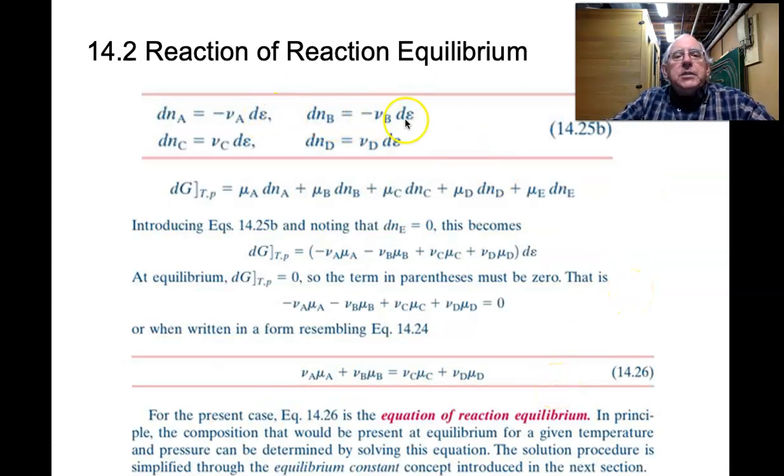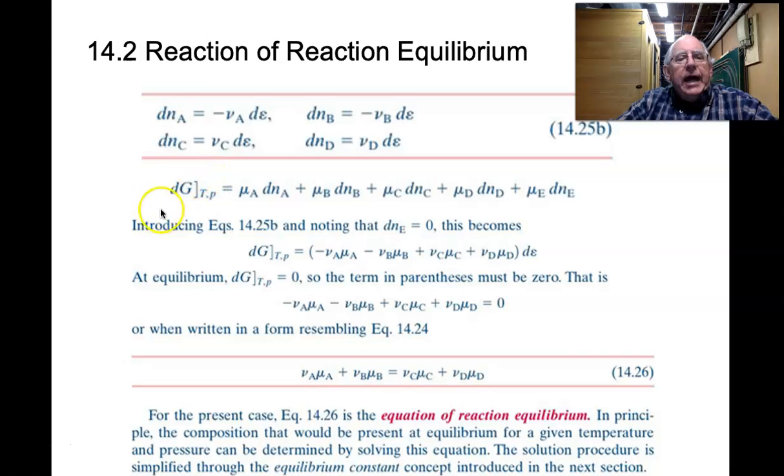As we take that d epsilon and we separate those four parts of the equation, we then can see that the differential change of the number of moles of each of the components can be written as related to that d epsilon. And again, the stoichiometric coefficients are involved there. And now what this allows us to do is, if you recall, we had a differential change in the mixture Gibbs energy that we defined.